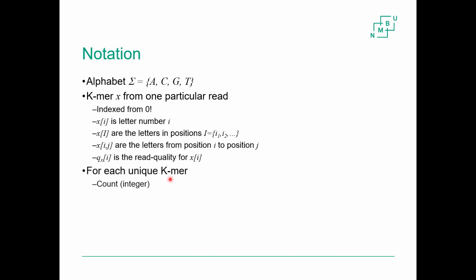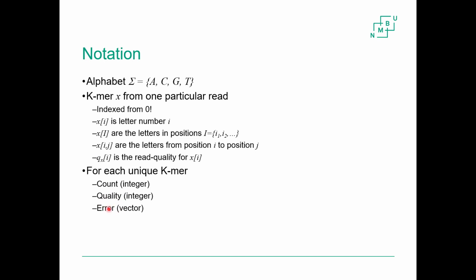And then they say for each unique k-mer, they keep 3 pieces of information. The count, how many times did you see this k-mer? The quality, that's this one here, as an average of all the k-mers who are identical.